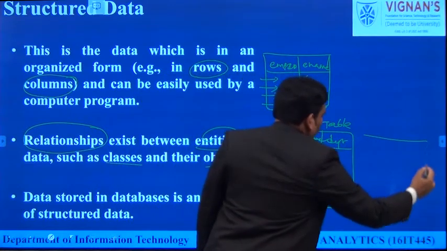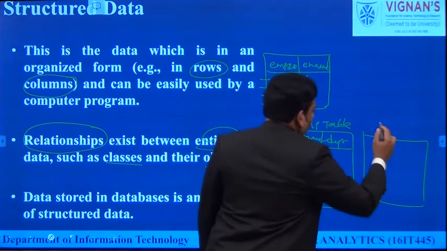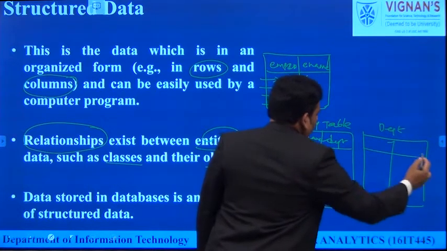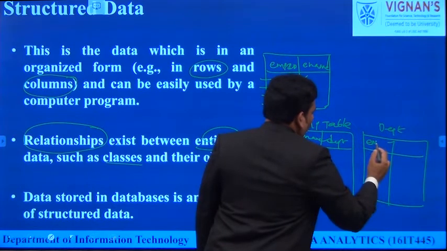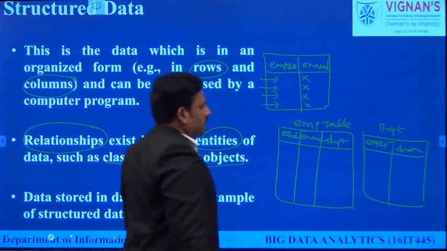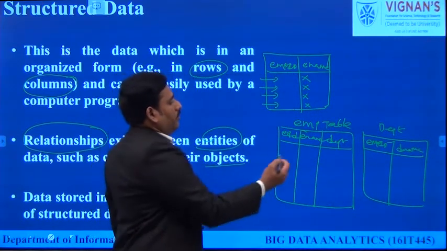And assume there is one more table which is relevant to a particular department. In this we will have an employee ID and department name. That means there is a relationship between the employee table and the department table.